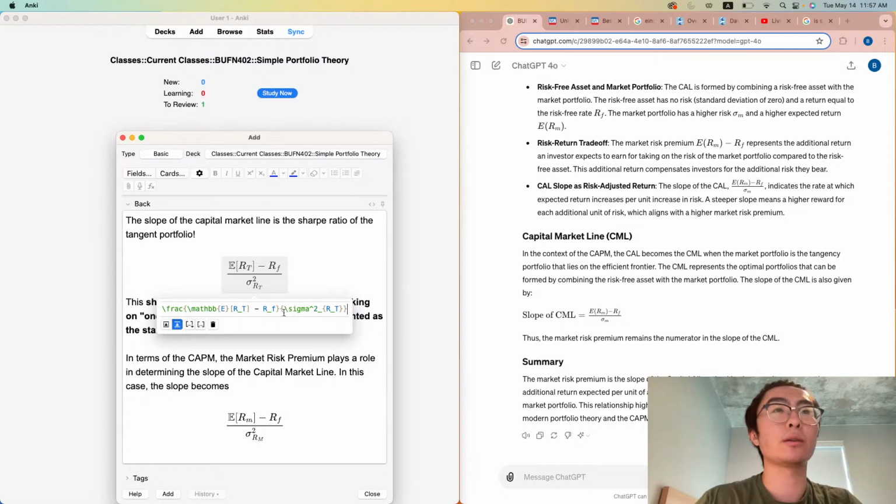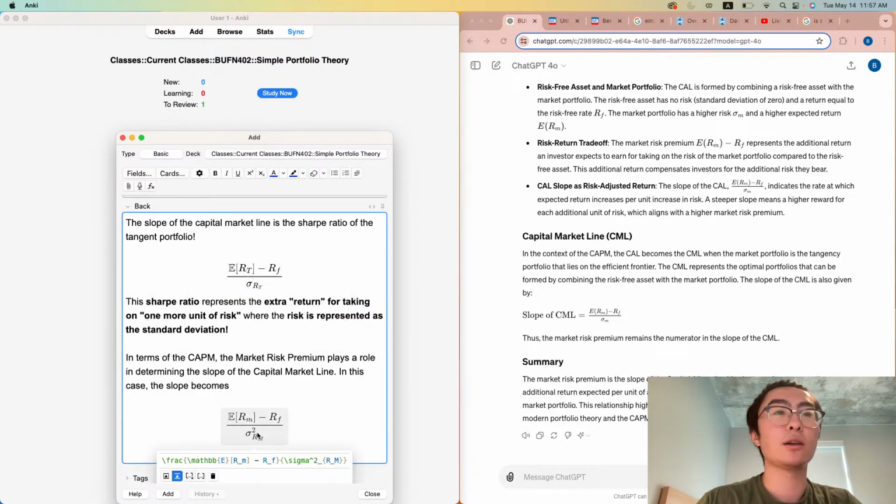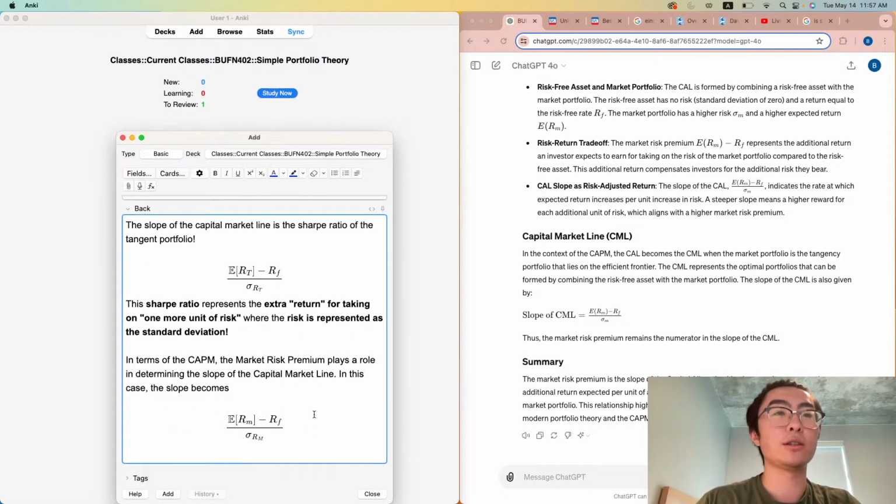Oh, right. We don't want sigma squared, that's variance. We just want sigma, which is the standard deviation. The numerator is precisely the market risk premium.